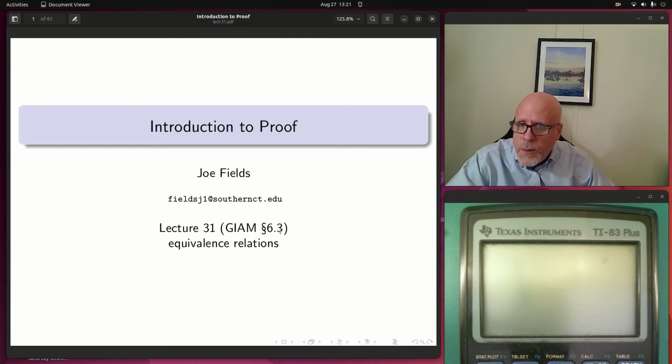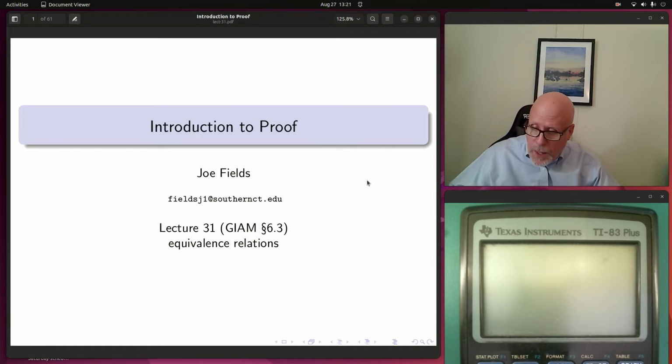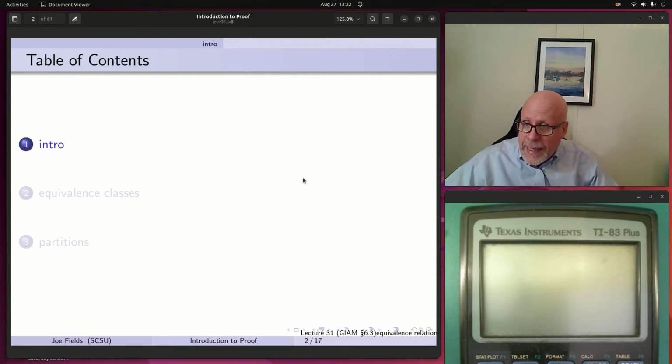Today we're going to be going through section 6.3 about proving things are equivalence relations. The plan is to say some introductory remarks, then see why we bother with equivalence relations. In a sense, the raison d'etre of an equivalence relation is to create equivalence classes.